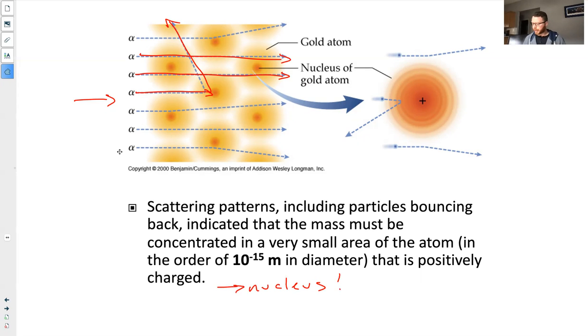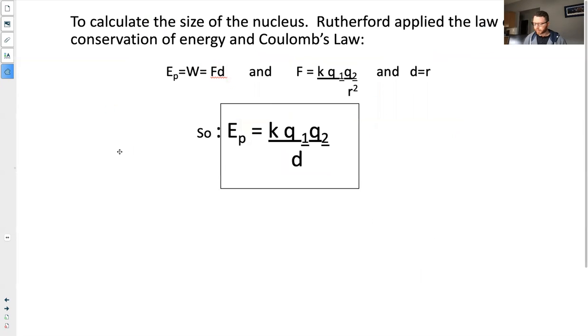Okay, so that was a pretty big discovery for the time. And again, that was in 1909. So Rutherford was actually able to calculate the size of the nucleus and the distance between the charges using the conservation of energy and also Coulomb's law.